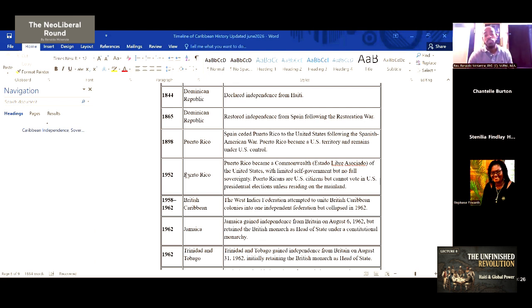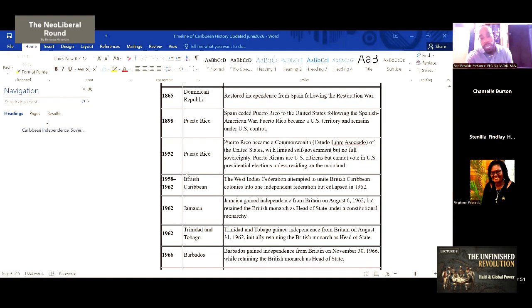1958 to 1962, the British Caribbean. The West Indies Federation attempted to unite British Caribbean colonies into one independent federation, but collapsed in May of 1962. That's major. It would be so refreshing if that had happened, man.